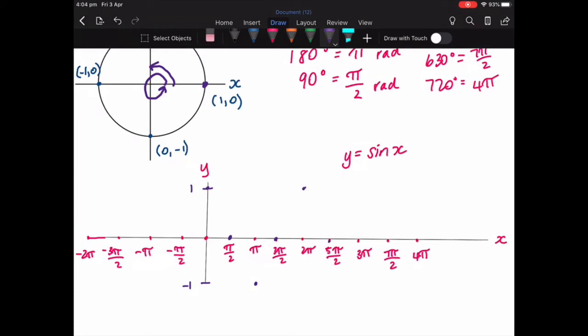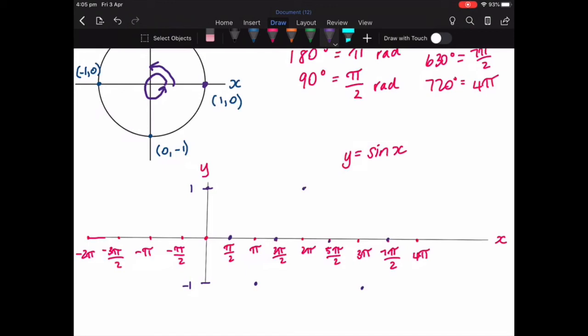We're back at 0. Okay, and then at another 90 degrees around, so we get to 3 pi radians, we're back down at negative 1. And then we're back to 0 when we go another 90 degrees. And that is very badly written. Let me write that properly so that you can see it says 7 pi.